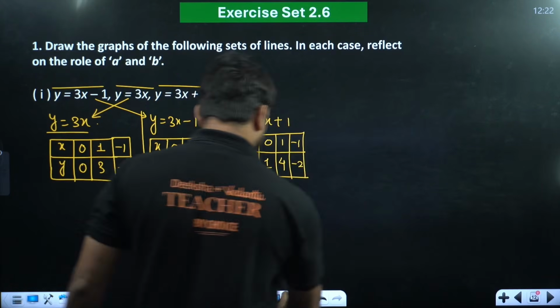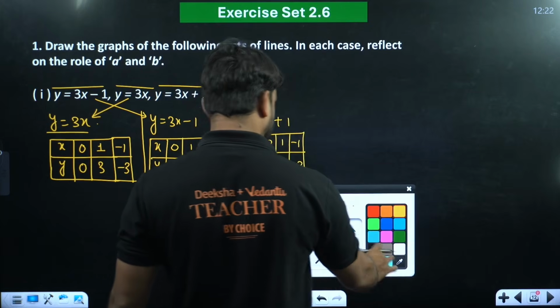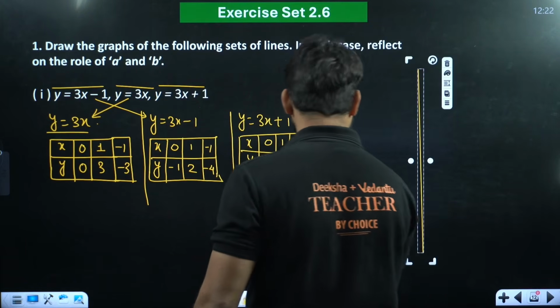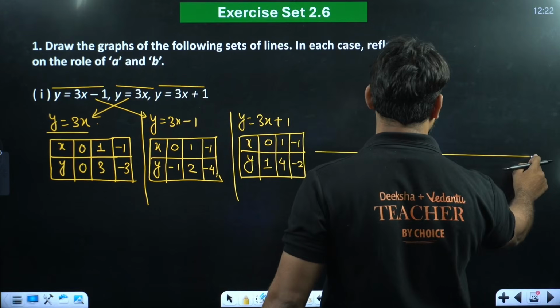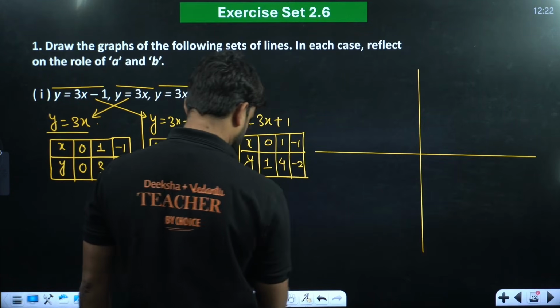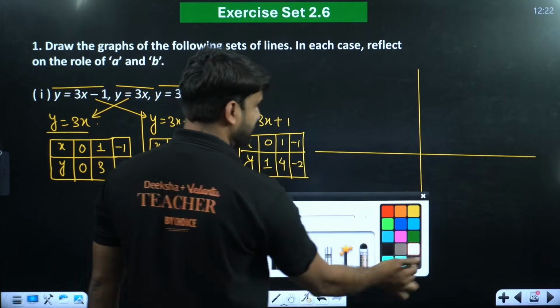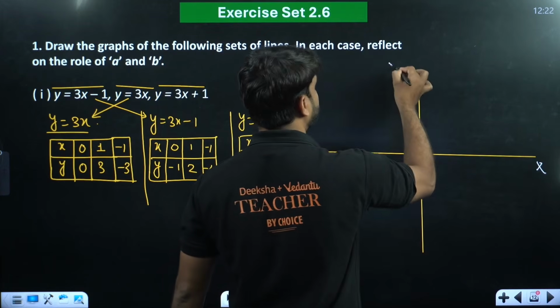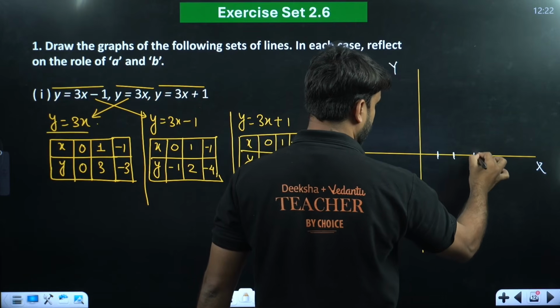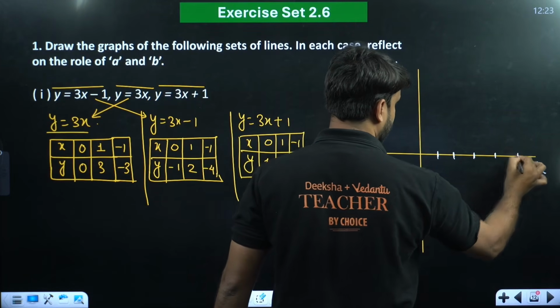To draw the graph, we require the y-axis and the x-axis. Right? So we have the graph here. Now mark the values. This is the x-axis. This is the y-axis. 1, 2, 3, 4, 5.